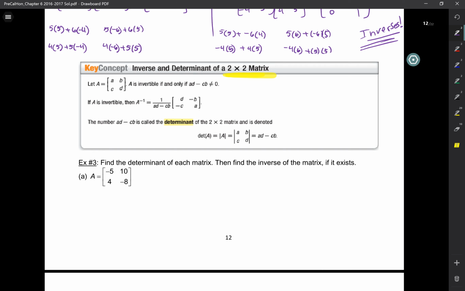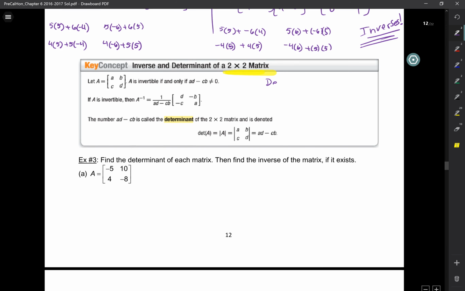So first, we have to find what we call the determinant. Okay, I have it here. All right, determinant has its own symbol. Okay, it's the bars. So whenever you put A with the bars, you're saying the determinant of A.